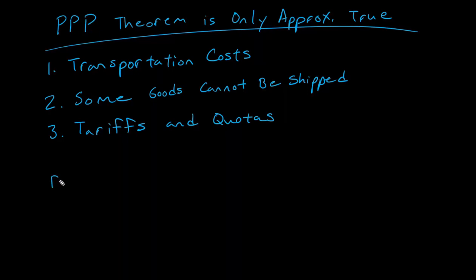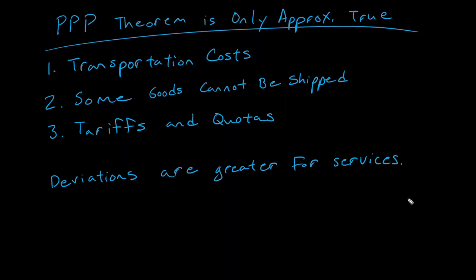All right, and then finally, deviations from the purchasing power parity theorem are greater for services. Right, and this kind of gets back to that idea of some goods cannot be shipped.